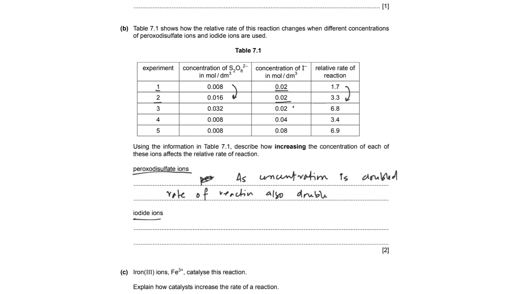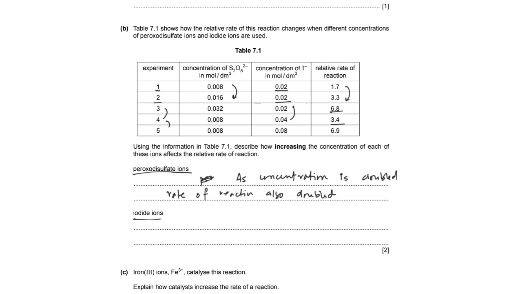Whenever you are monitoring the impact of one variable, you have to make sure that all the other variables are constant. So you would not know how much the concentration of iodide ions actually affected the rate of reaction.